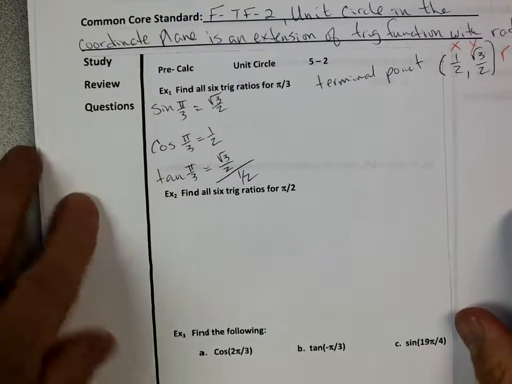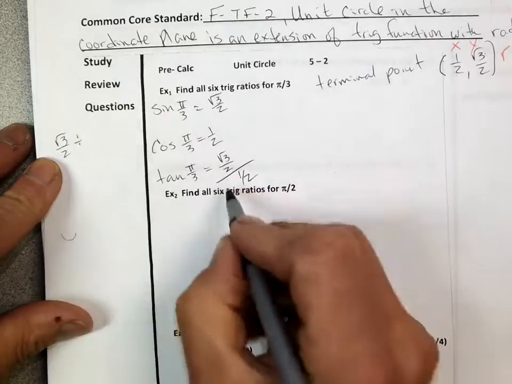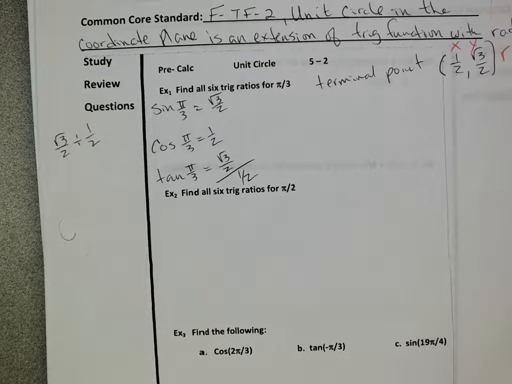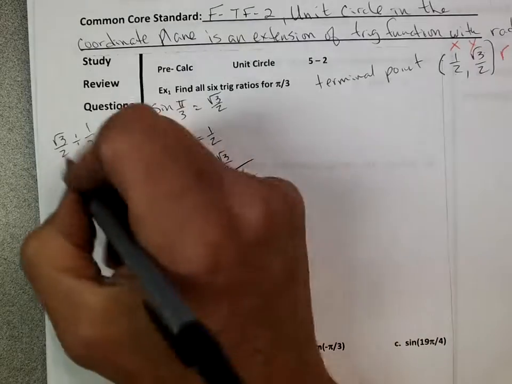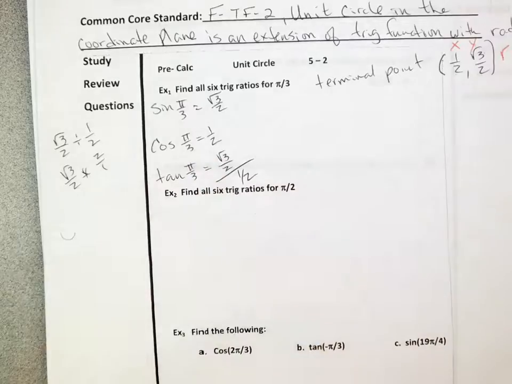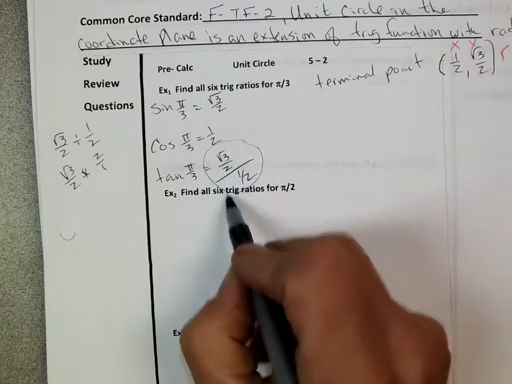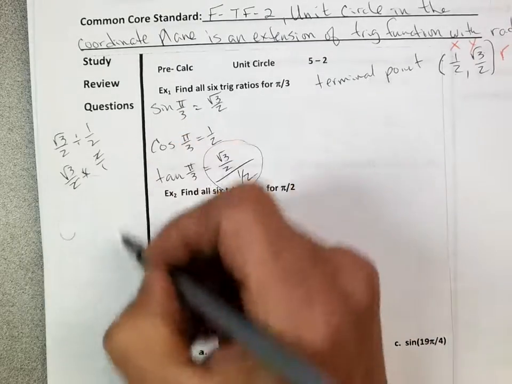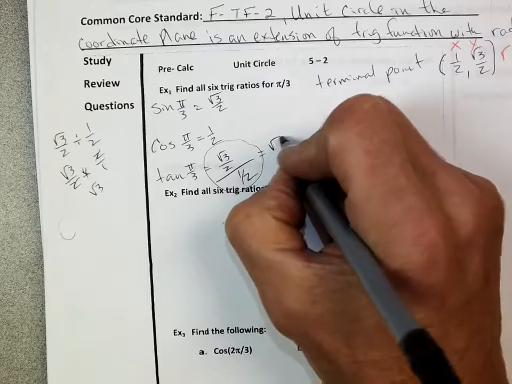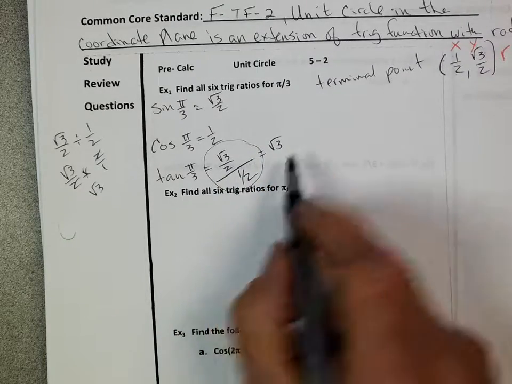I like fractions. So what is the square root of 3 over 2 divided by 1/2? Well, I know how to do fractions, right? I'm pretty good at it. I'm going to invert and multiply. So that's the same thing as square root of 3 over 2 times 2 over 1. All I'm doing is trying to simplify this. Cancel, cancel, and I just get the square root of 3. That is, the tangent of pi thirds is square root of 3.